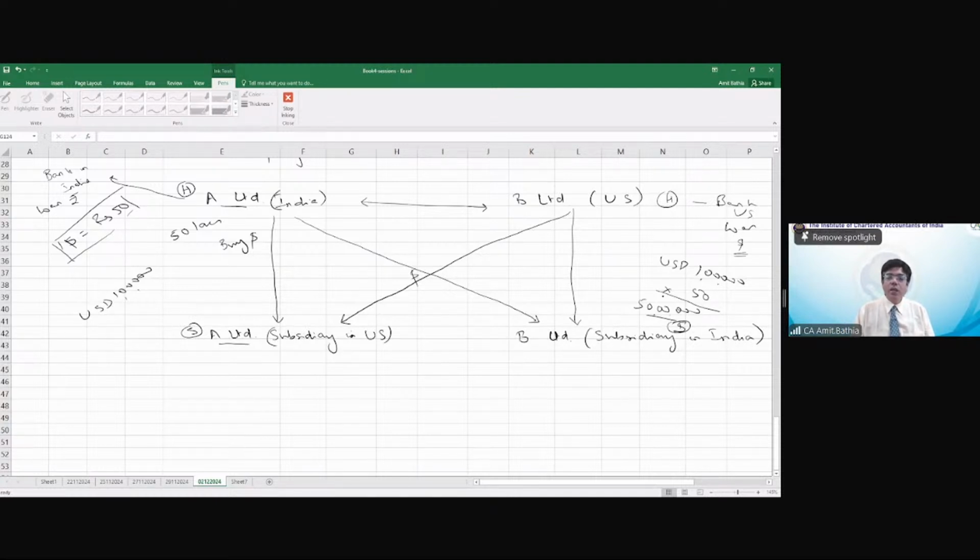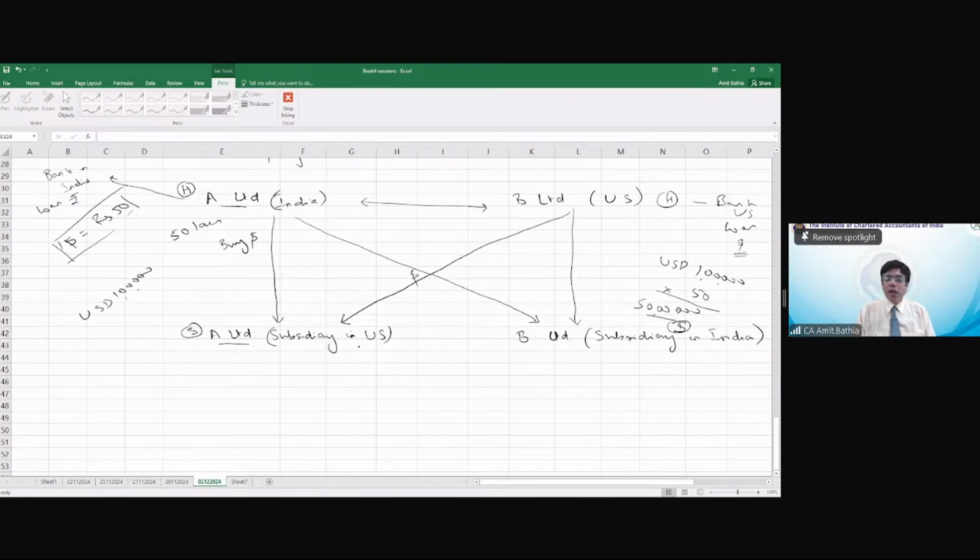So they both have obligations in their home currency. They wanted to provide the funds to their respective subsidiaries, and they have done that without incurring exchange loss or having to pay margins to the bank. Because banks are obviously not going to provide those currencies to you for free. They're going to charge you.